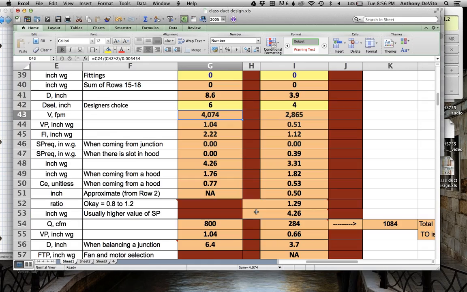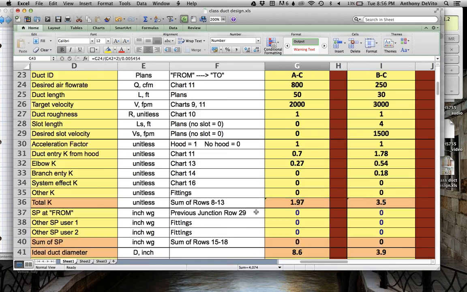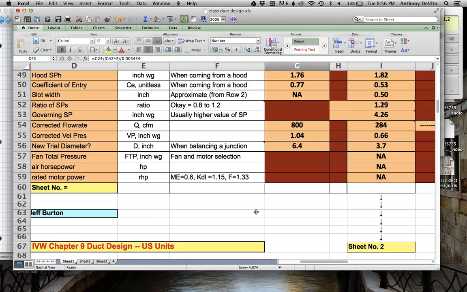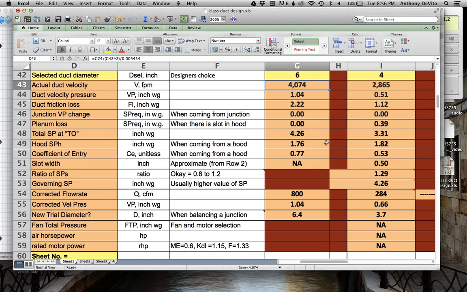So the total amount of air that I'm moving is, let me see if I still got... what's that? The real key here is that they have to be close enough. Remember that at point C, we need so much static pressure to make hood A work right, and we need so much static pressure to make B work right.